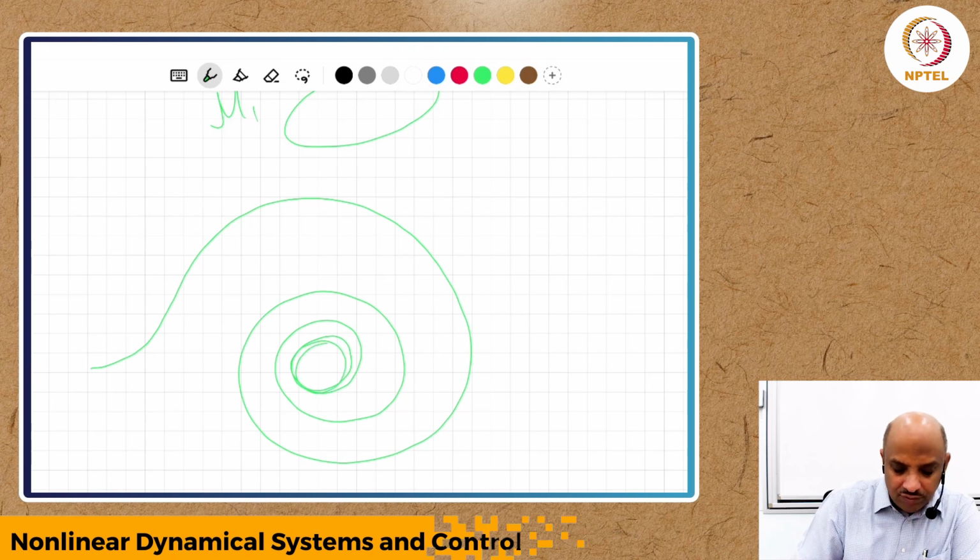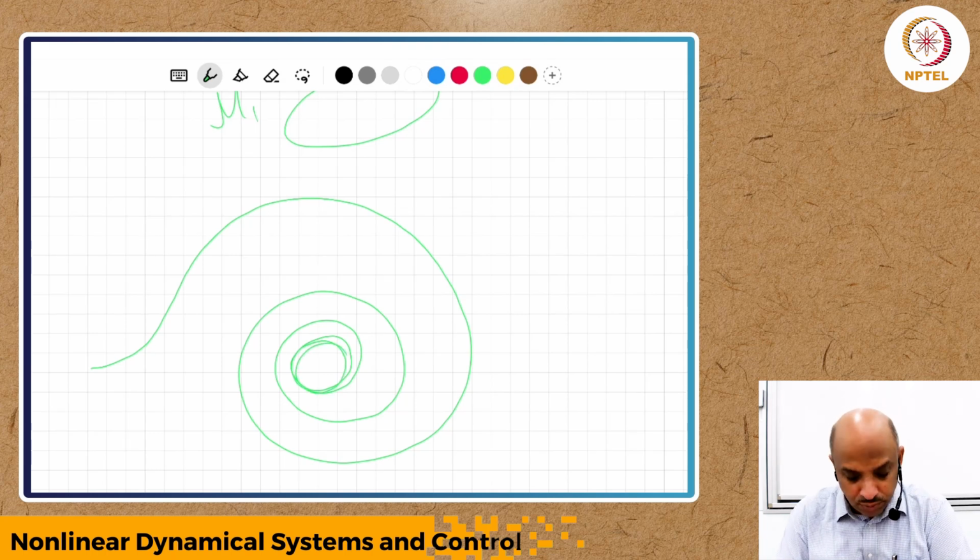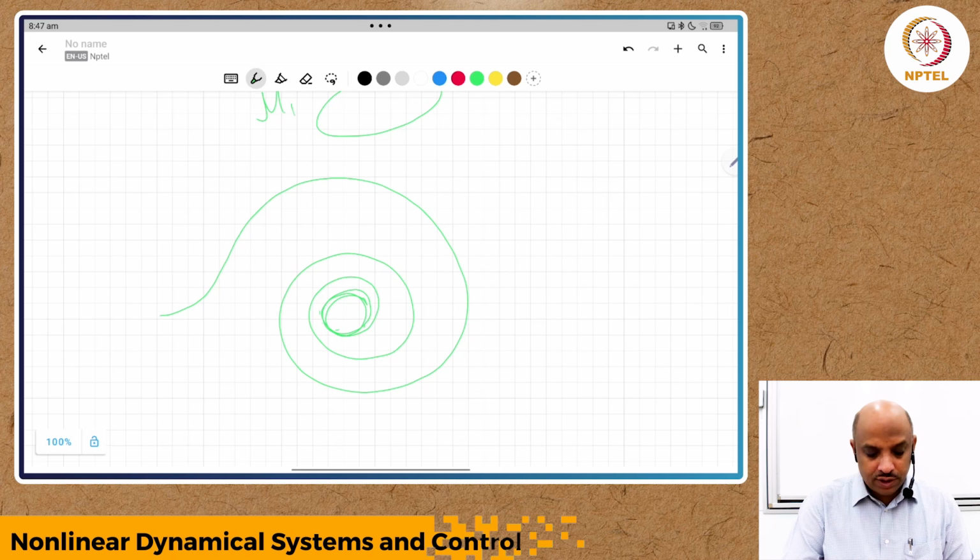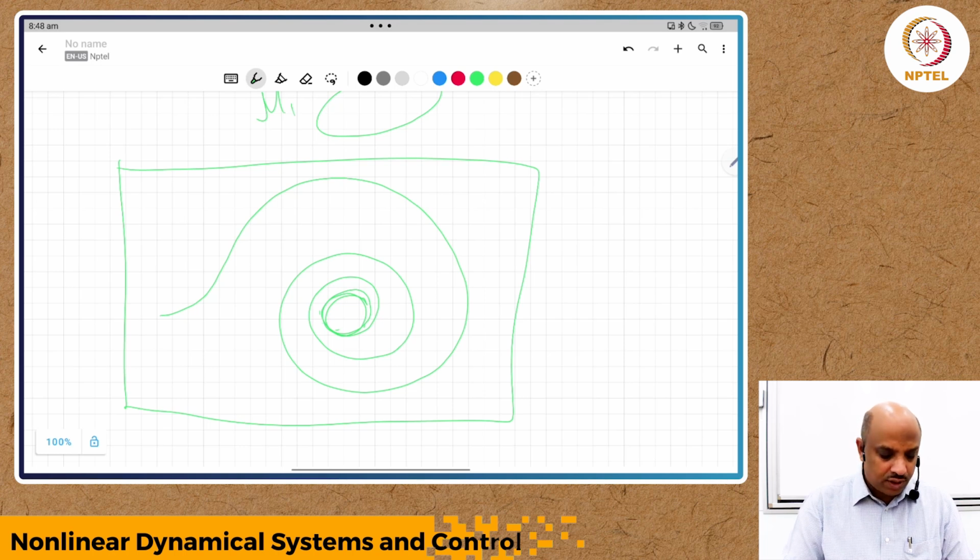So eventually somewhere it has to converge to some point. What we are looking at is an example of some orbit that is perfectly bounded. That means we can bound it in some square, let's say. You have no other possibility but that eventually this orbit will have some limit point. Let me use a different color. In this particular case, the way I depicted, all the points on that circle are the limit points.